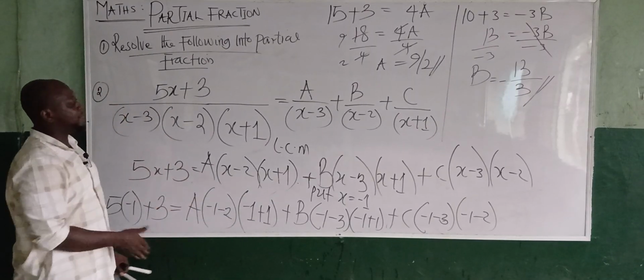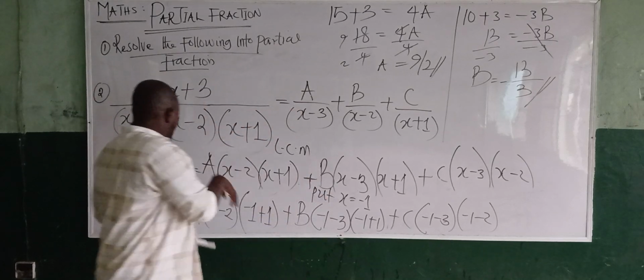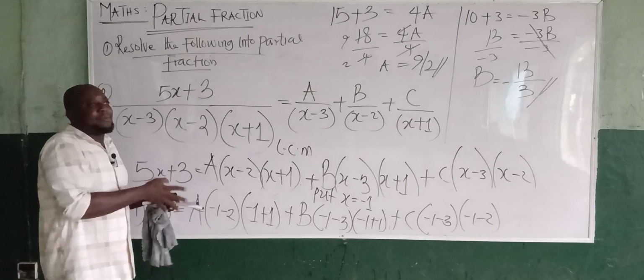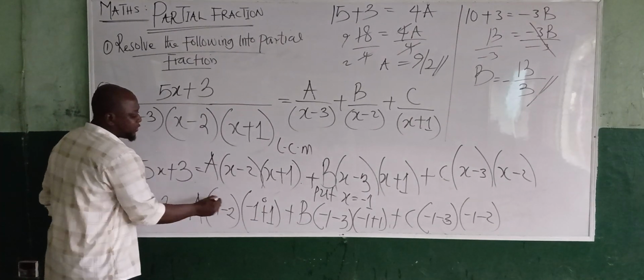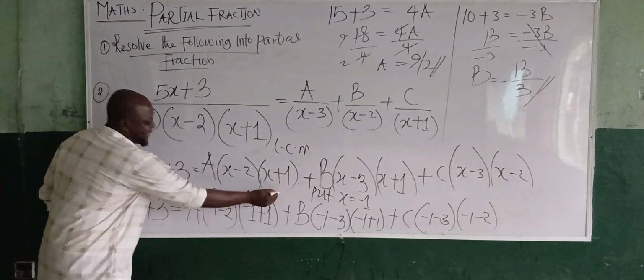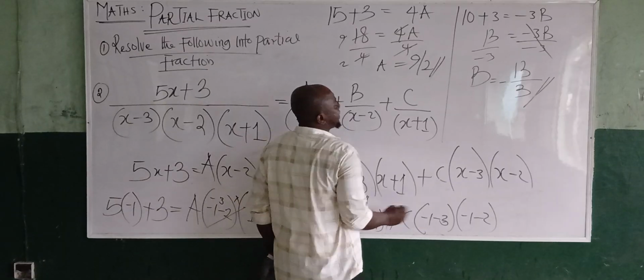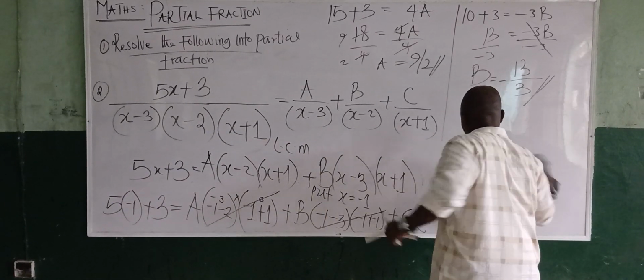So what is the next thing I'm going to do here? From this point, you will observe that we have minus 1 plus 1 here, which is 0. So this will give you minus 3. If you multiply this, everything here is 0. Same as this one, everything here is 0. So let me take this one off.